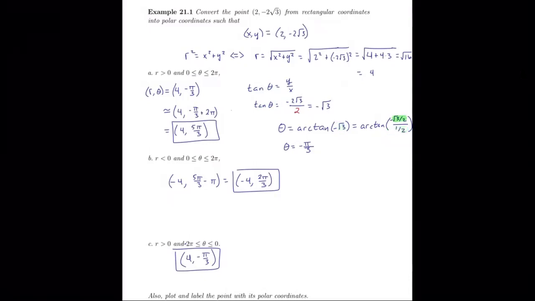Now, what happened outside? Well, tangent theta, we rewrote theta as arctangent of both sides of this equation, to get that theta is equal to arctangent of negative root 3. And this might be more helpful to find what this angle value is. Sine has a value of negative root 3 over 2. Cosine has a value of 1/2.